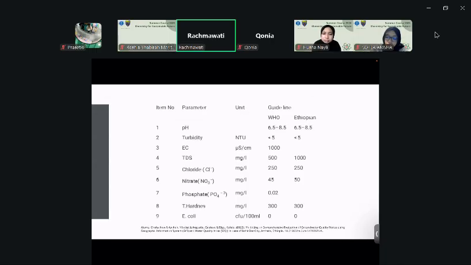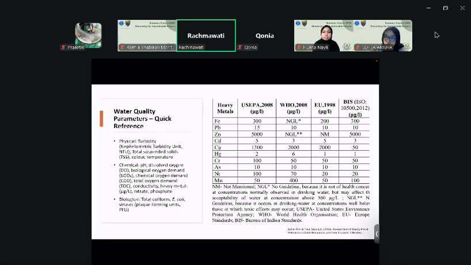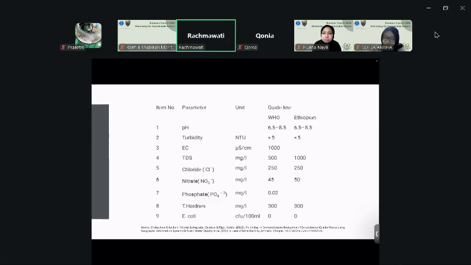So for example, there are also heavy metals that might be present in water, and these are the standards, several standards. It's in milligrams per liter, and it's the concentration that is considered the highest allowed in drinking water. While for the pH, for example, the WHO considers this pH range as normal.